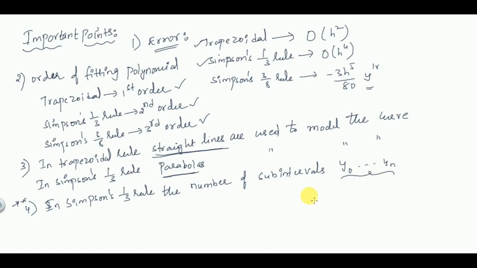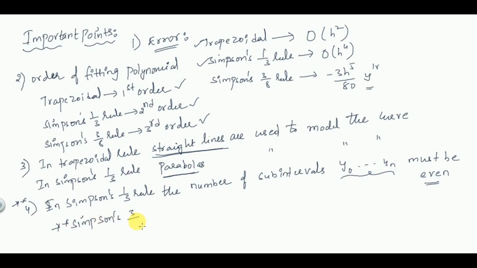These are called as subintervals. So the number of subintervals must be even. So the number of subintervals you have to take must be an even number. Okay, this is asked many times in the previous exam.